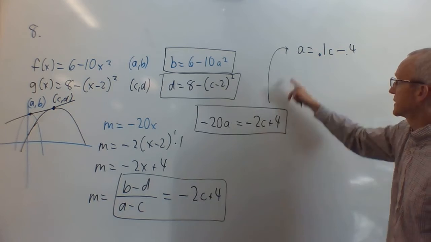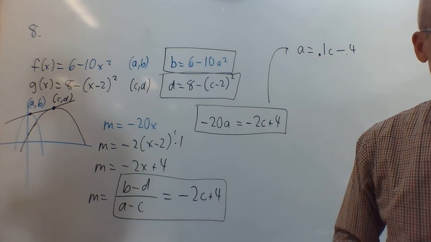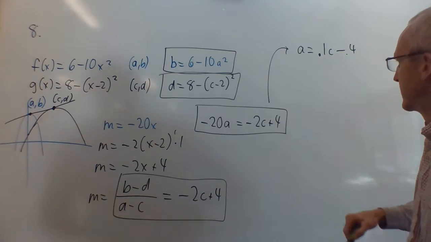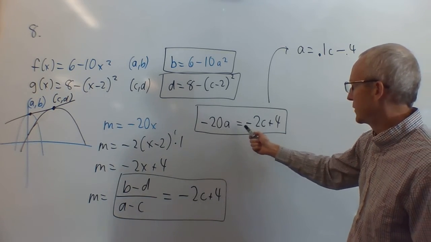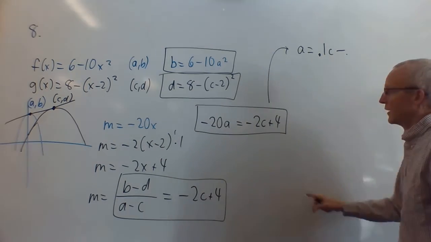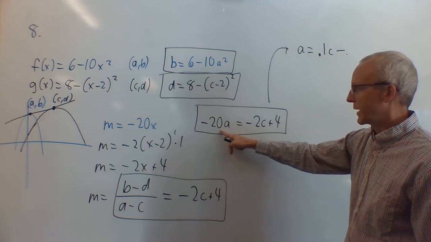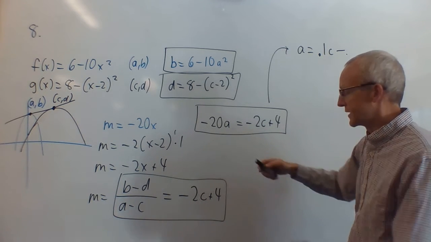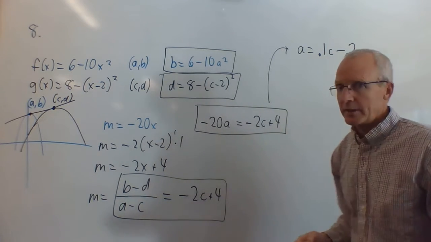Okay, that's from this equation solving for A. And I think that's right. No, it's not. Sorry. 4 over 20 is like 1 over 5. It's 0.2. See? You got to be really careful. 4 divided by negative 20, divided by 4, you get 1. Divide that by 4, you get 1/5. 1/5 is 0.2, not 0.4. So minus 0.2. Okay, that's from that equation.